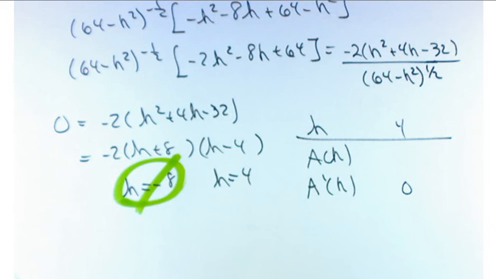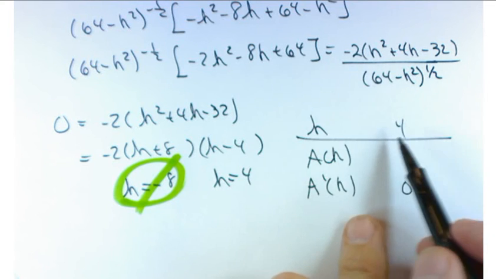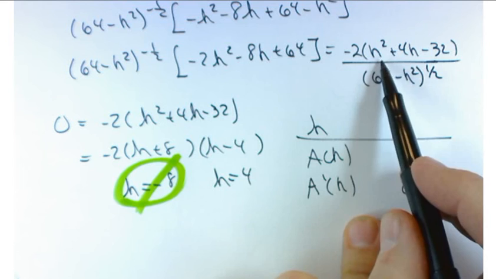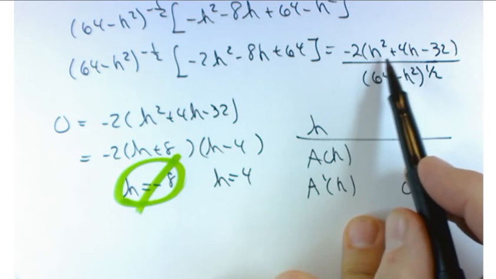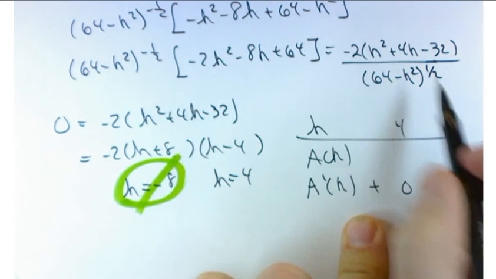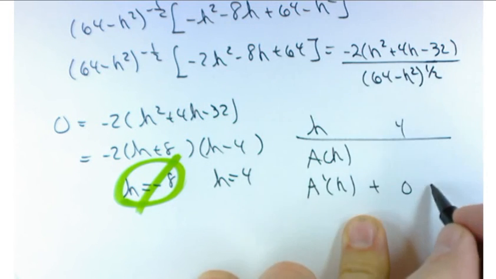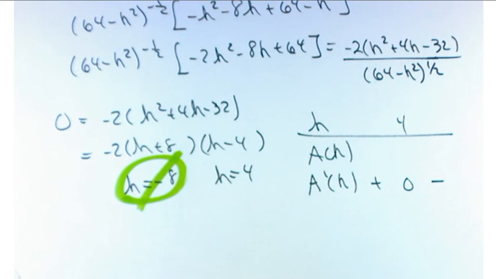And if you test a point, say, to the left of 4, something like h equal 1, the numerator is going to be positive, and so is the denominator. If I put in something a little bit bigger than 4, say like a 5, then the derivative is negative.